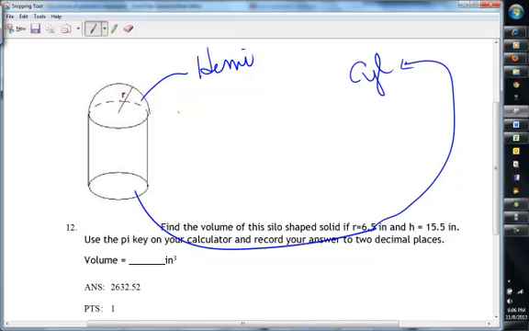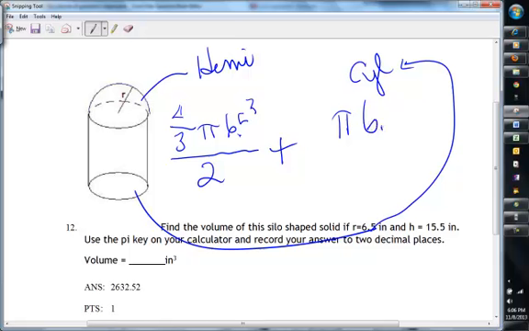The hemisphere is 4/3 pi times radius, which in this case is 6.5 cubed. But since it's a hemisphere, we're going to take half of it and add the cylinder, which is pi times 6.5 squared times the height, 15.5.